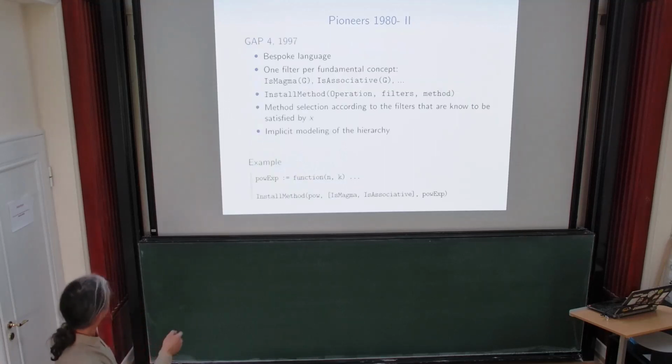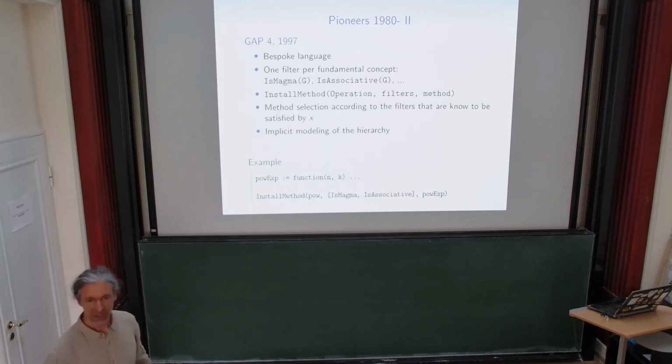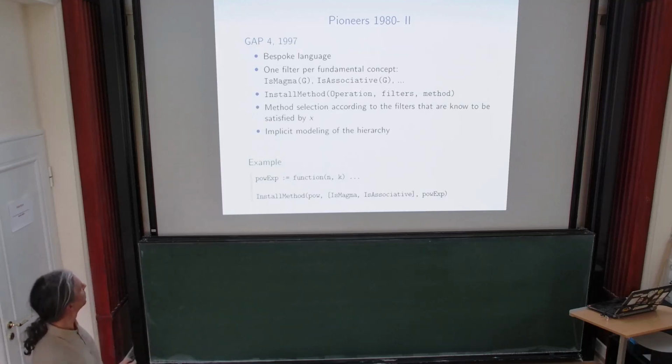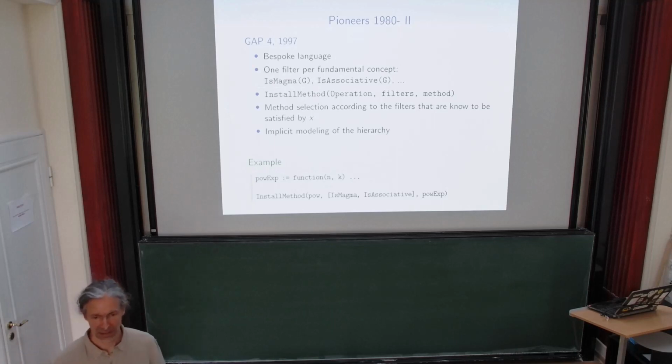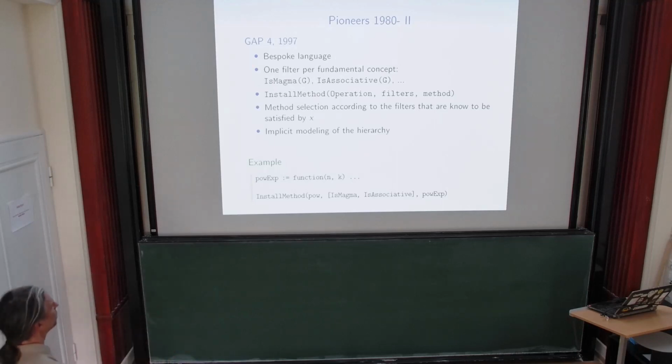Then you had GAP, again a system with its bespoke language, using a different approach. It's the same idea. You have fundamental concepts, and for each concept you have a so-called filter, something that tells you yes, this is a magma, or no, this is not a magma, yes, this is associative or not.